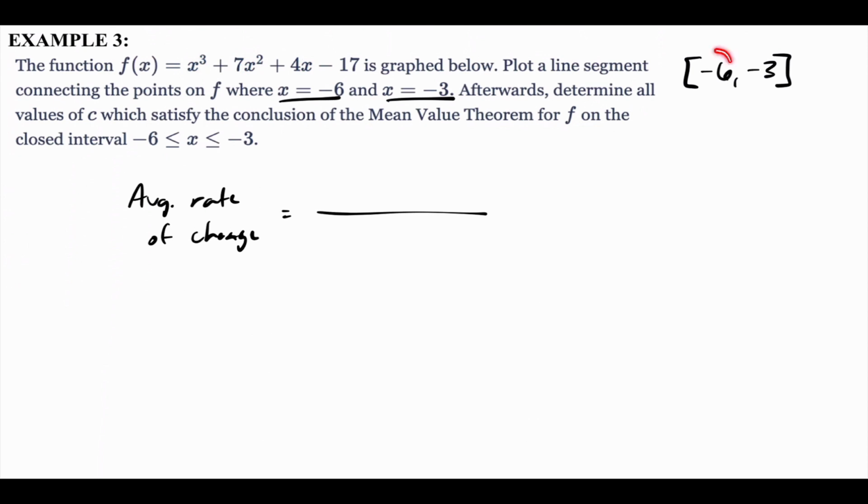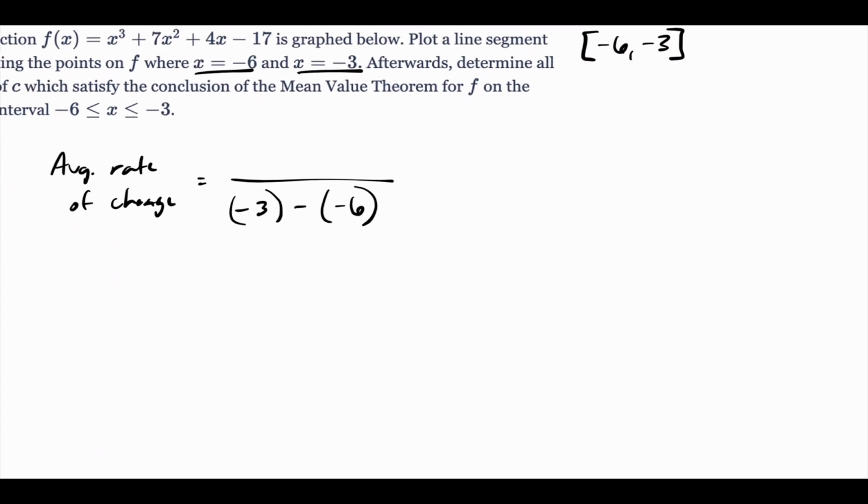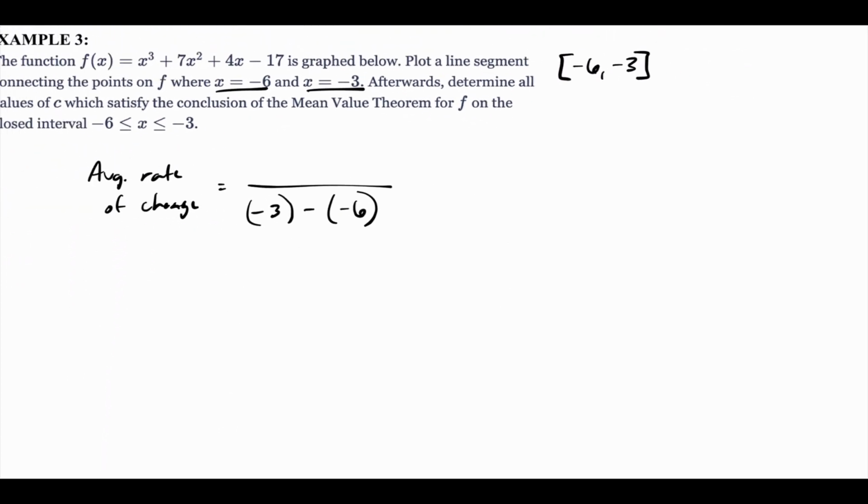So -6 comma something is going to be the first dot, and -3 comma something is going to be the second dot. So we're going to go -3 minus -6, because that's x2 and x1. Now I have to figure out the y values that go with that.